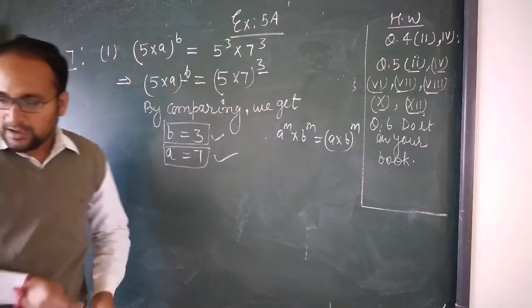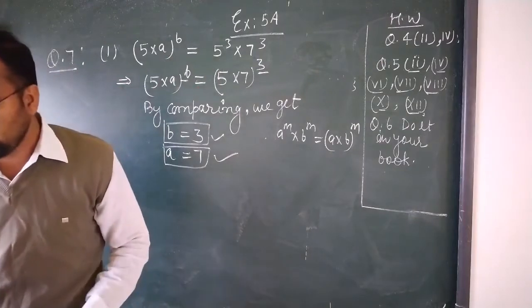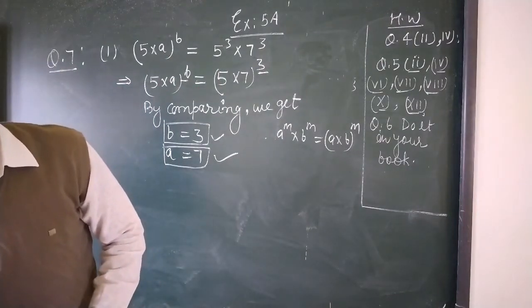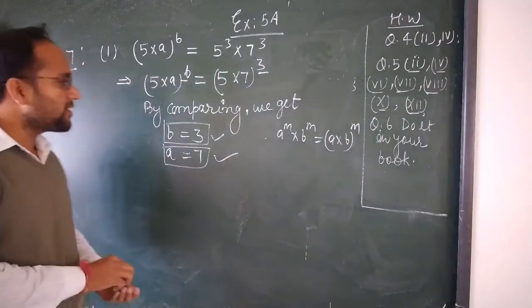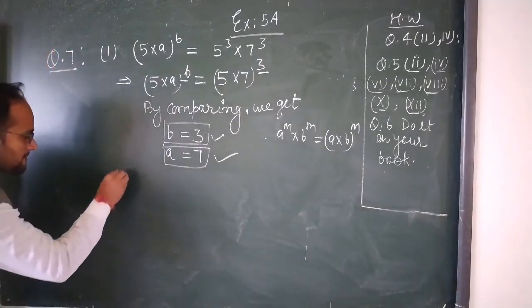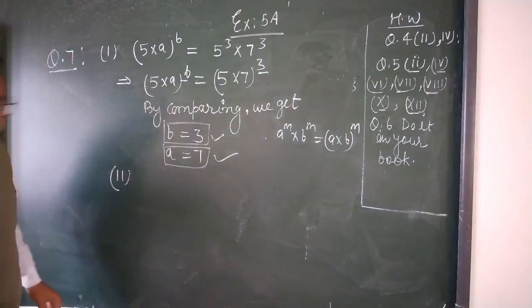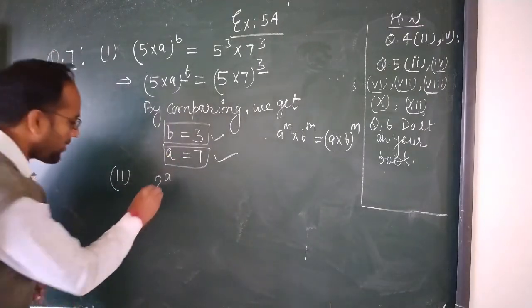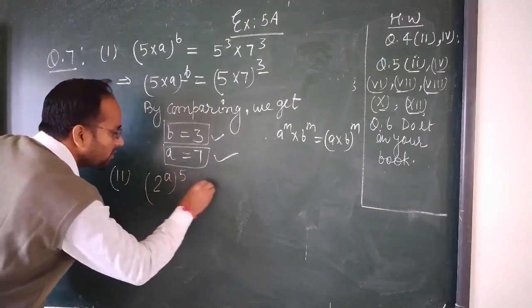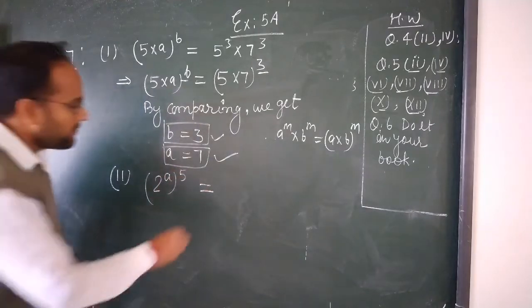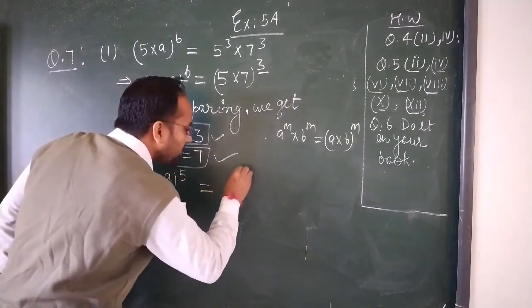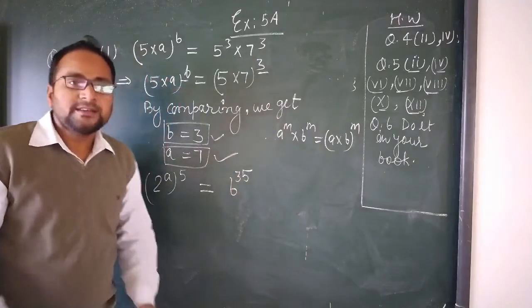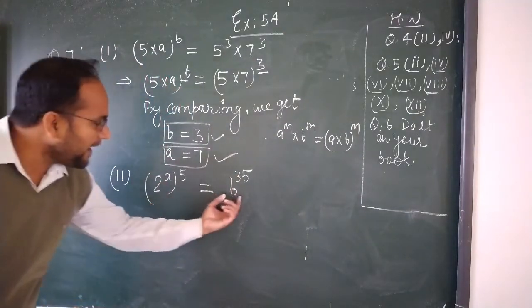Okay, students. Now your question number 2 is the same as it is. See the second one: 2 to the power A to the power B is equal to B to the power 35. Find the values of A and B here.